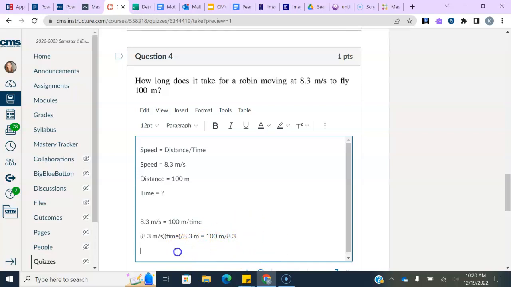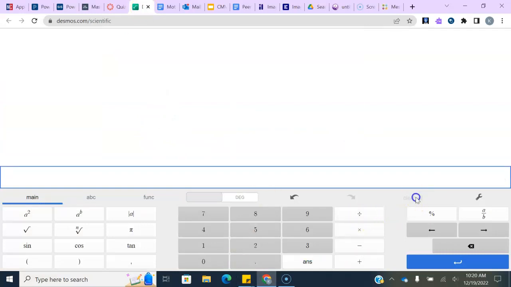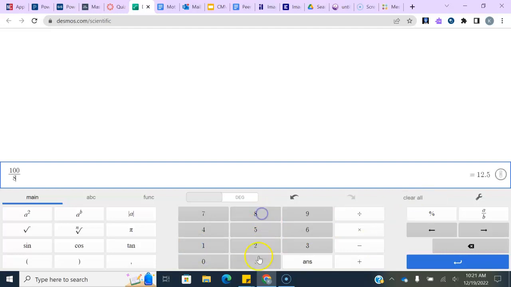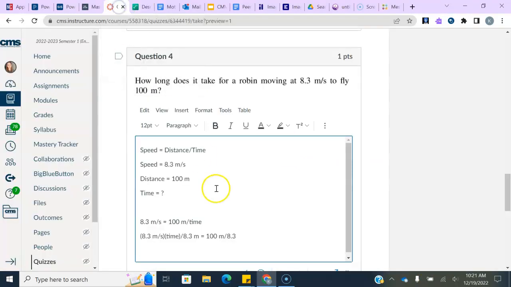Okay, so let's go ahead and type it in our calculator. So we'll do 100 divided by 8.3. So 12.048, I'm going to round it to 12.05. So time is equal to 12.05 seconds.